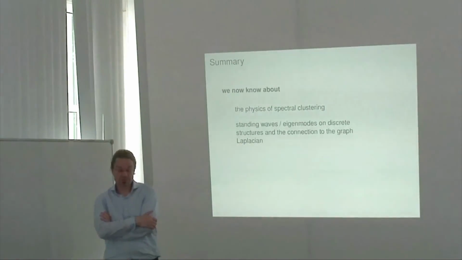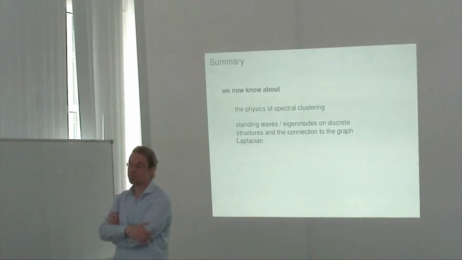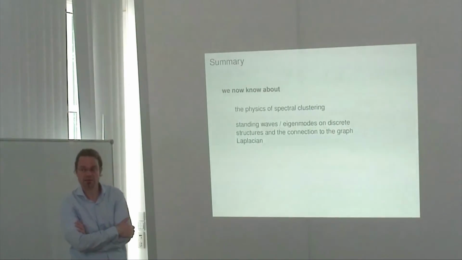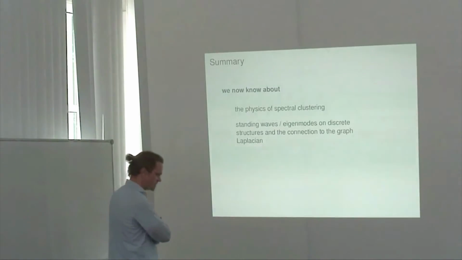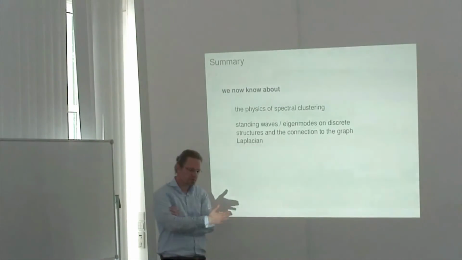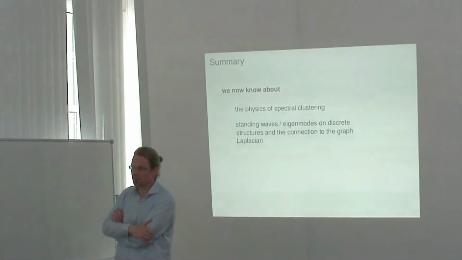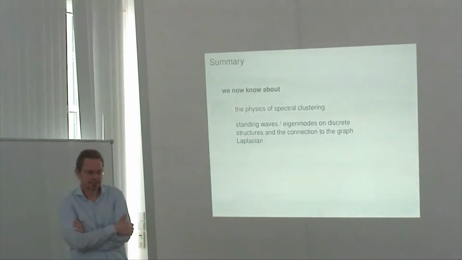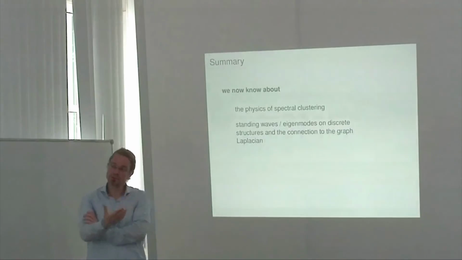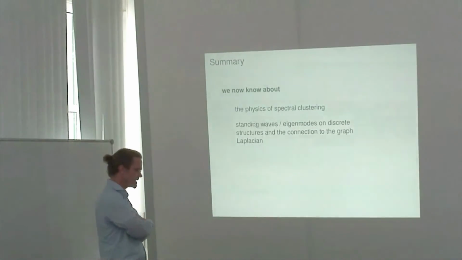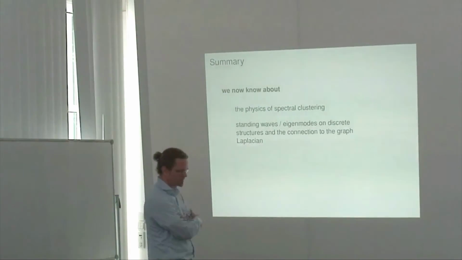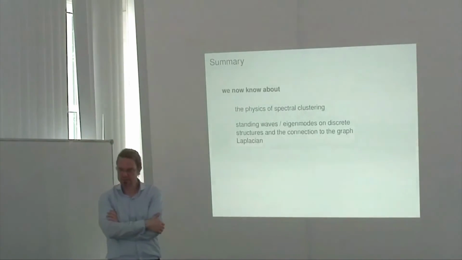And with respect to discrete structures, the Laplace operator becomes the Laplace matrix. And today we saw that when we solve wave equations, that's basically about eigenfunctions of Laplace operators. And once again, when it comes to discrete structures, that becomes eigenvectors of Laplace matrices.